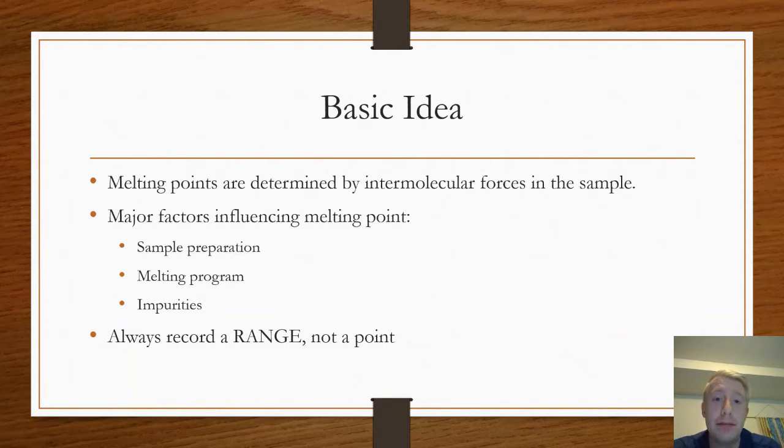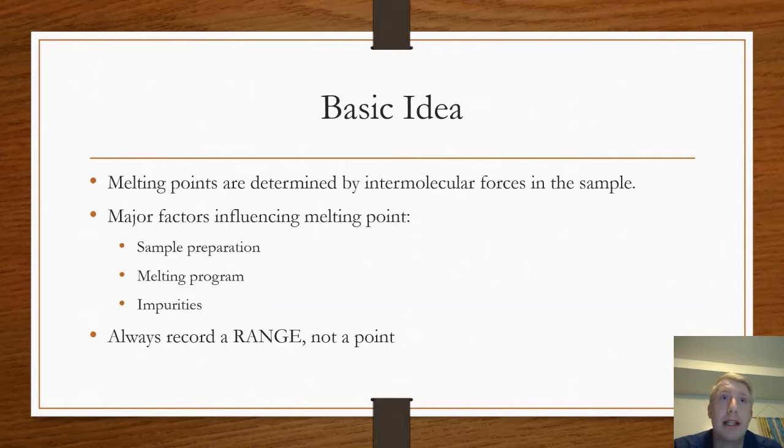Finally, one key point: whenever we're recording a melting point, we actually record a melting range, not a melting point. So we're going to record two temperatures. The first temperature that we record is always going to be when we begin to see the sample melt.